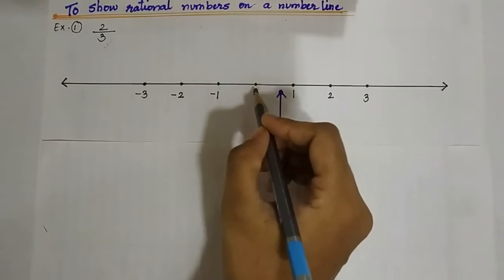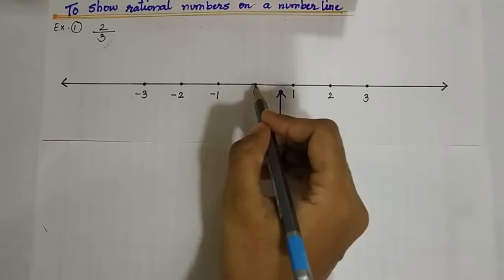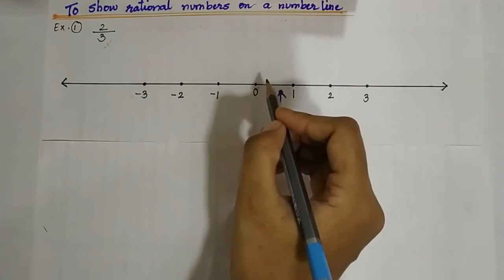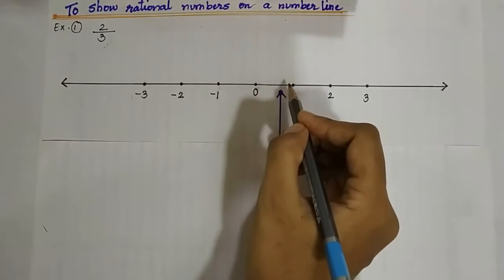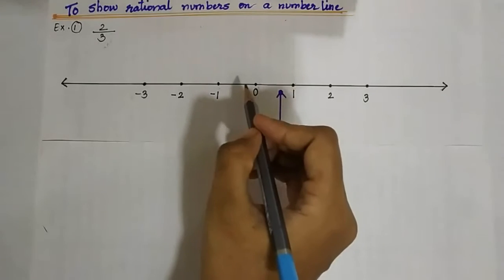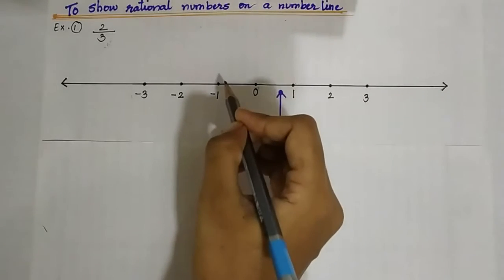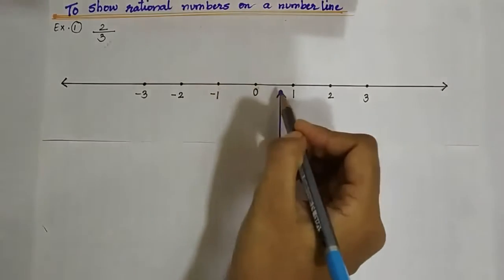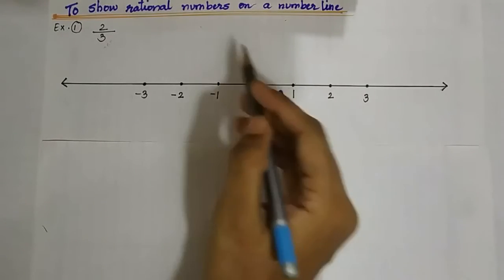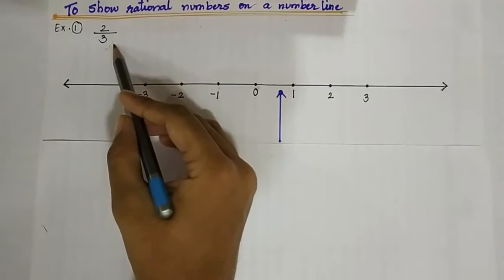Distance between the two numbers is called a unit. So distance between 0 and 1 is 1 unit. Distance between 1 and 2 is another unit. Likewise, distance between 0 and minus 1 is another unit. These units are divided on the basis of the denominator of the rational number.